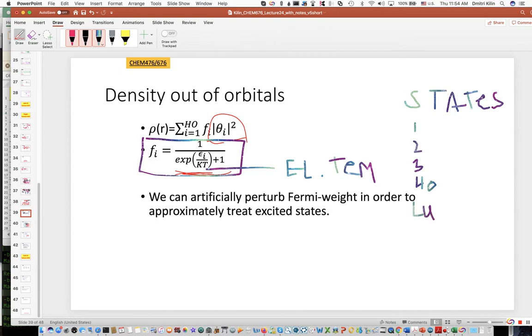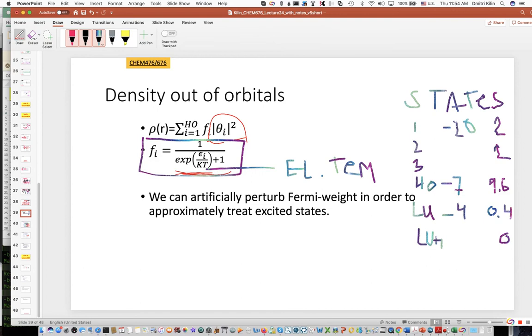There are energies like -20, -7, -4, and populations here go 2, 2, and then for highly excited states, the occupation will be 0. But if the model has a small gap at large temperature, here the values will be, instead of 2, like 1.6, and LUMO may have like 0.4.